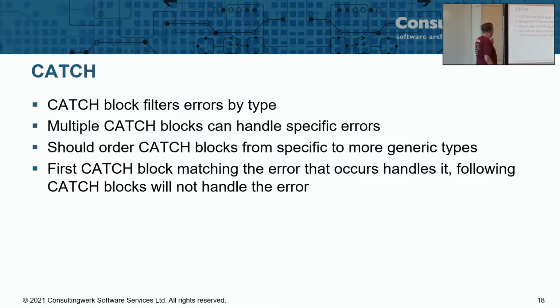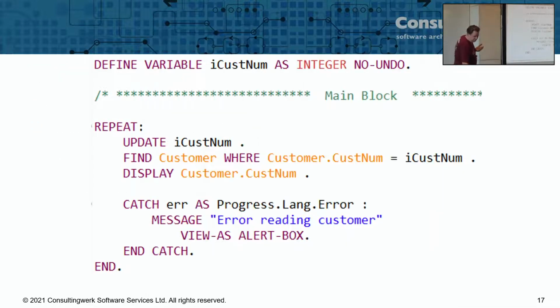You can have multiple catch blocks in the same block. If we look at the catch block on the slide before, the catch uses a parameter definition and a type there. So progress.lang.error, that's a type of errors that we want to handle there.